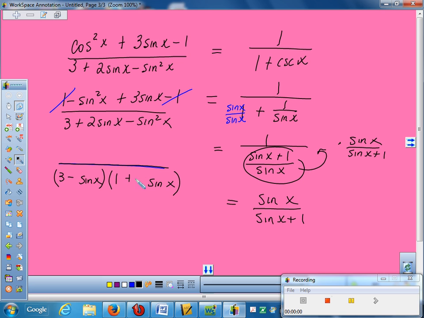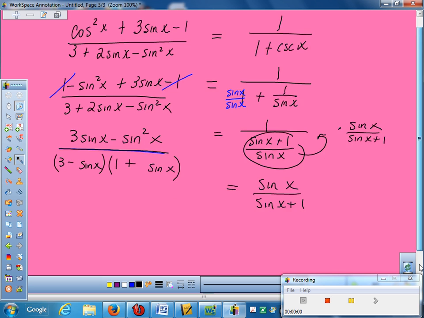Okay, if the top one is bugging you, since it's a negative sine squared, let me point out that it's just the same thing. I'm going to rewrite it so I don't lose anybody here. I'm going to write it in reverse order so that you see it. What can you factor there? Bingo. Thank you, Colin. You can take out a sine.